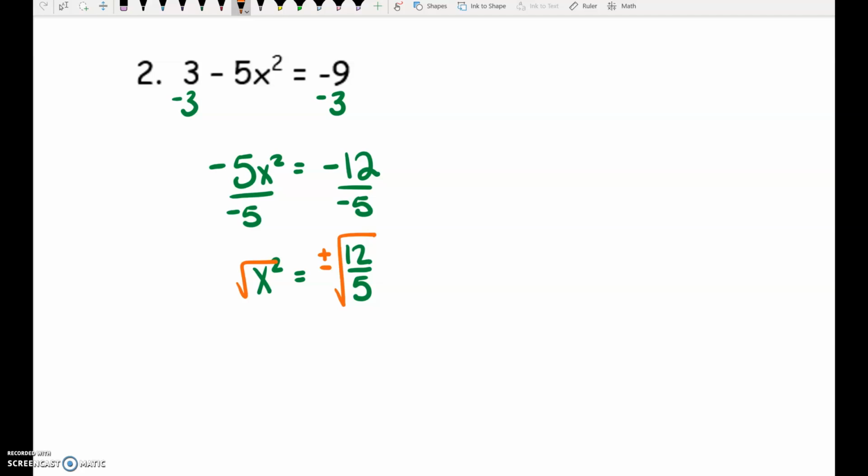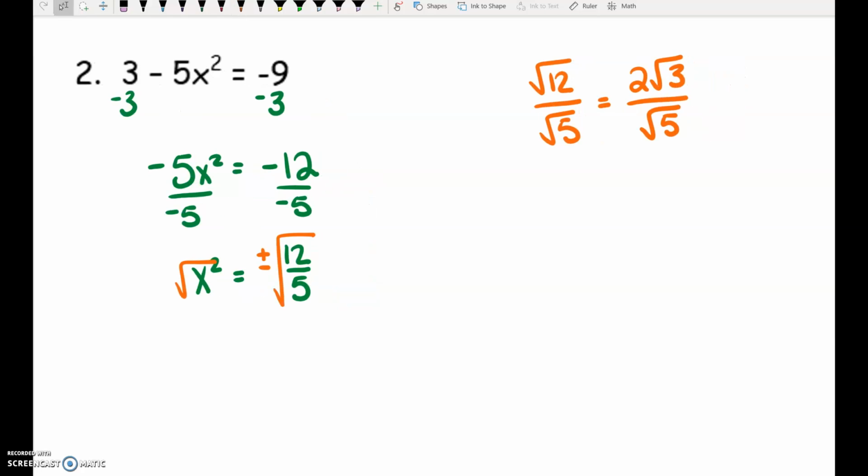Okay, typically I then take this off to the side. I know that the square root of 12 over 5, we can break that into the square root of 12 over the square root of 5. We just did the square root of 12. What is the simplified version of the square root of 12? 2 times the square root of 3. Can I leave it like that with a square root on the bottom? No, we cannot. We need to multiply the top and the bottom by the square root of 5.